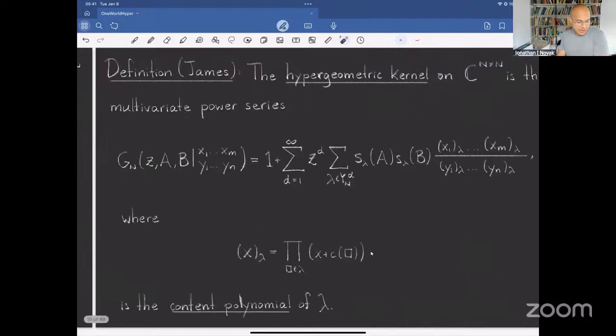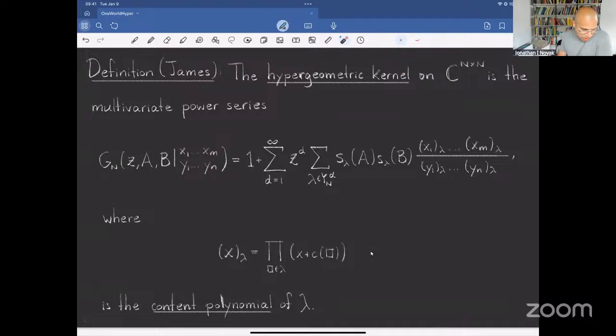And this is exactly what Alan James did in the 1960s. James was a statistician, so he wasn't a pure mathematician. He wasn't an algebraist or anything like that. He came up with this definition because he needed it in applications in random matrix theory.